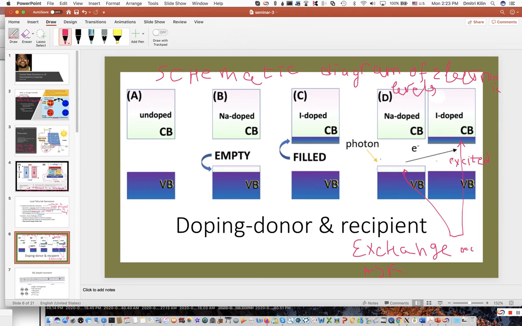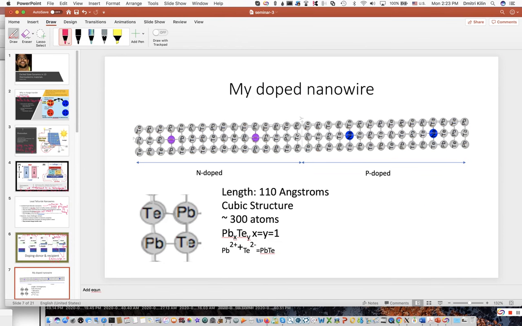Here's my doped lead telluride nanowire that I'm studying. The length of a unit cell is approximately 110 angstroms. Here's my iodine and my sodium. I have a cubic structure with approximately 300 atoms.